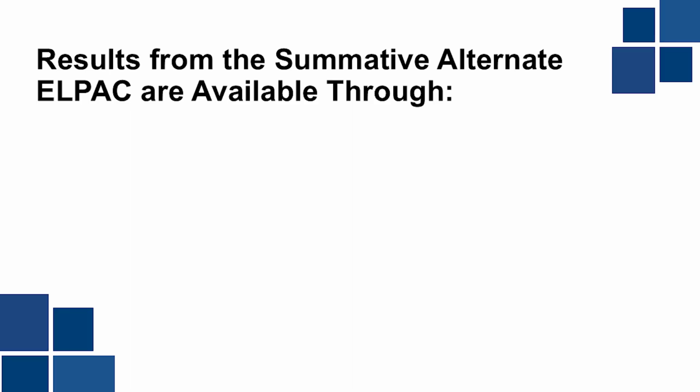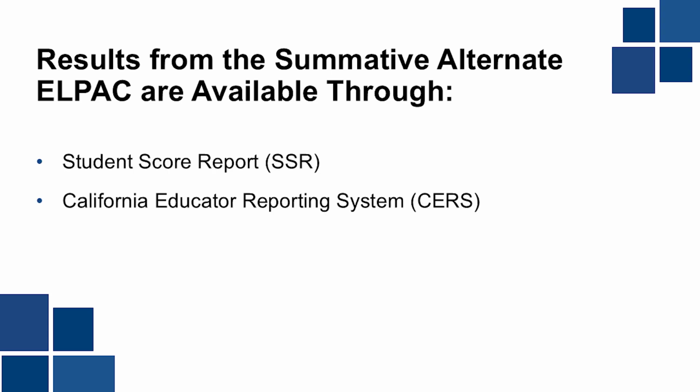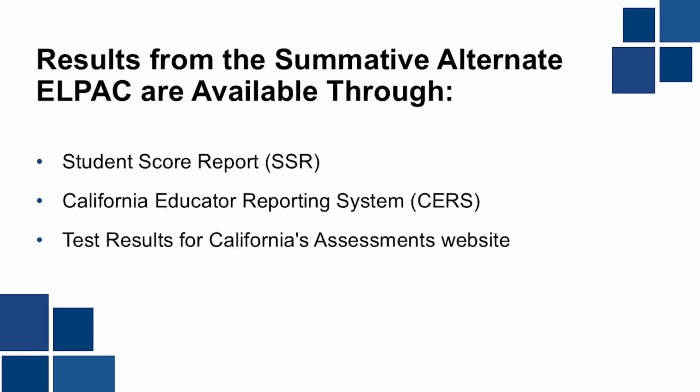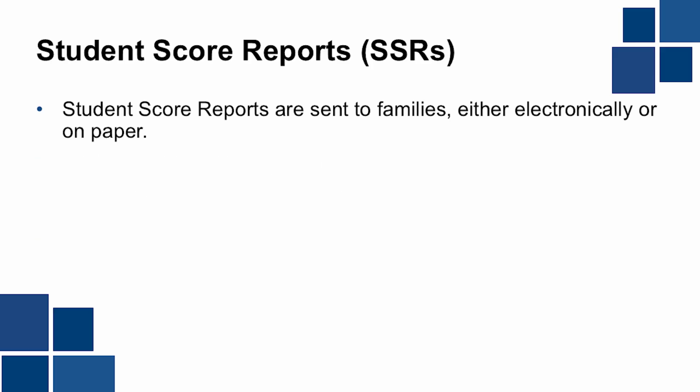Results from the Summative Alternate ELPAC are available through the Student Score Report, or SSR, the California Educator Reporting System, or CERS, and the Test Results for California's Assessments website. Let's look at each of these sources. Families get access to their student scores through the Student Score Reports, which are sent to families either electronically or on paper.